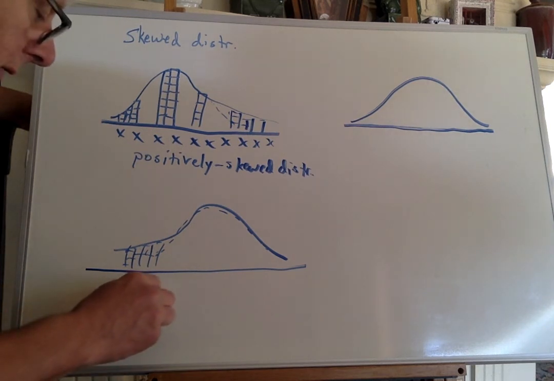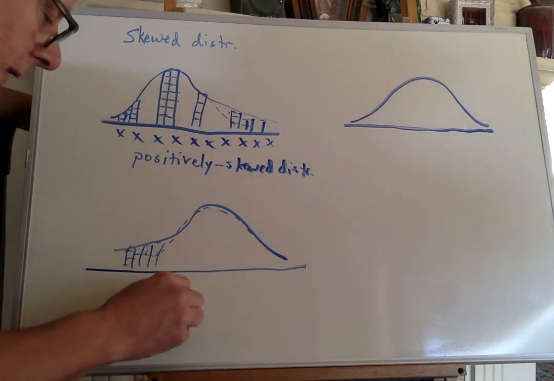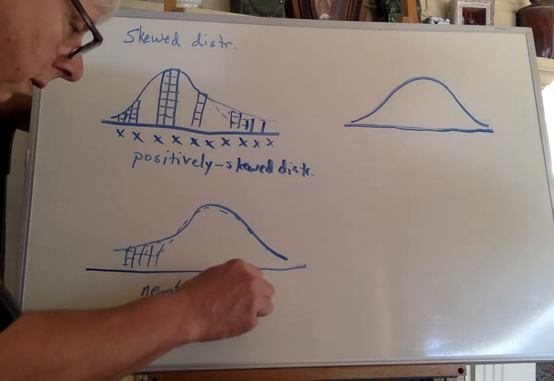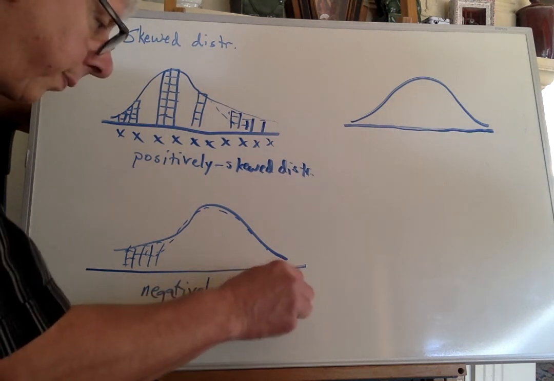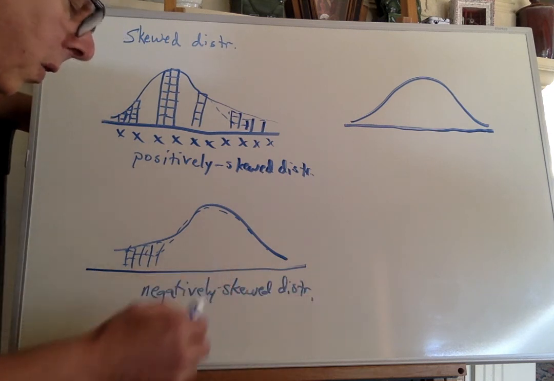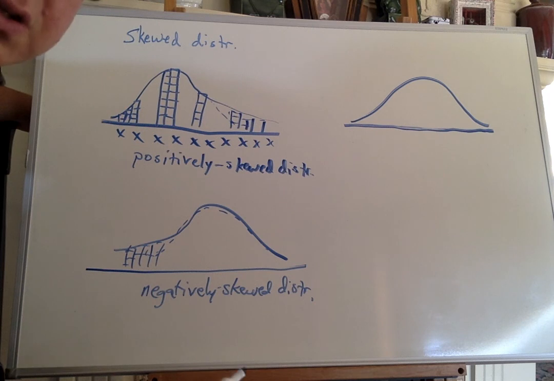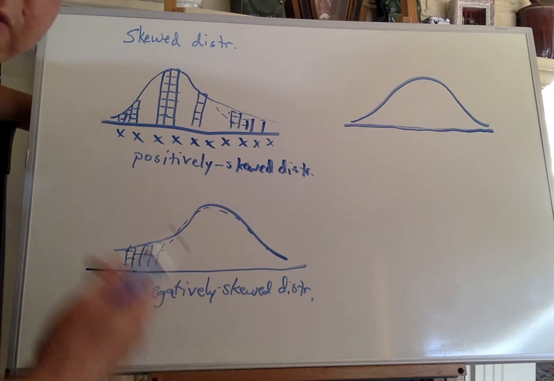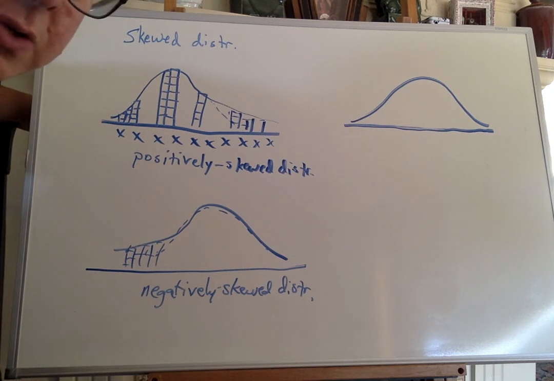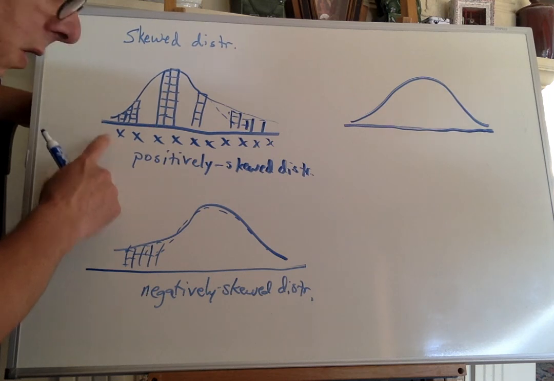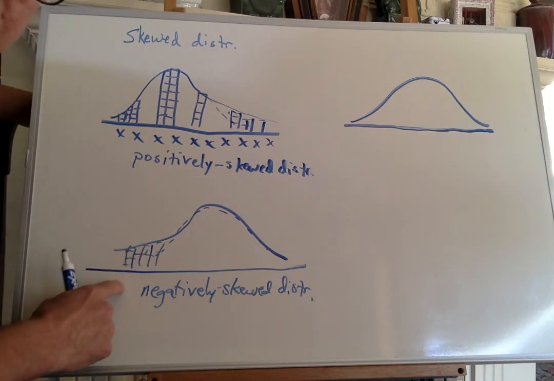And this one is called a negatively skewed distribution. Okay. And I hope that illustrates that, if you just say skewed distribution, that's not the best answer. Because if you told me you were looking at a skewed distribution, I wouldn't know if you were looking at a positively skewed distribution or a negatively skewed distribution.